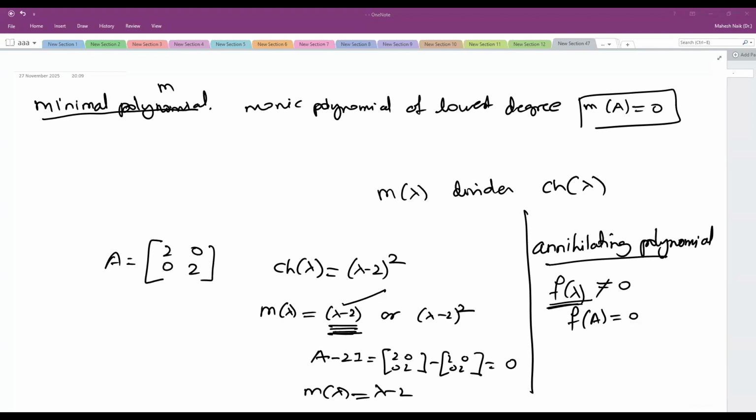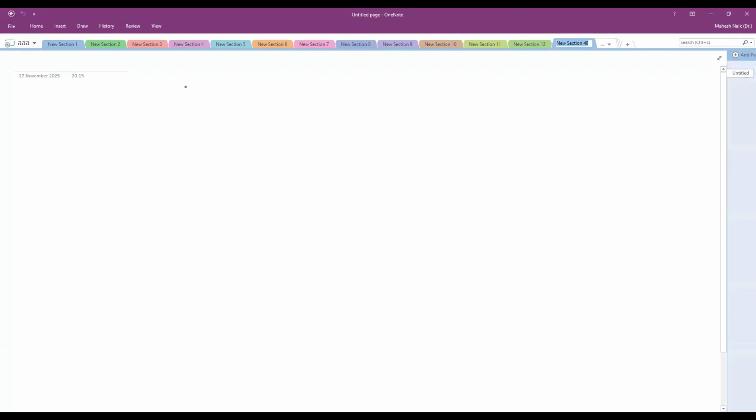In case there is a matrix of order maybe 3 or any other matrix, if it satisfies A cube equal to A square plus I, then in such a case, f of lambda equal to lambda cube minus lambda square minus 1 can be called an annihilating polynomial of A.